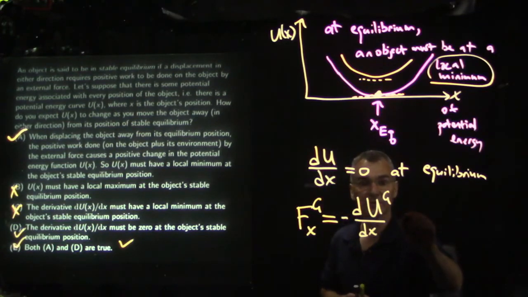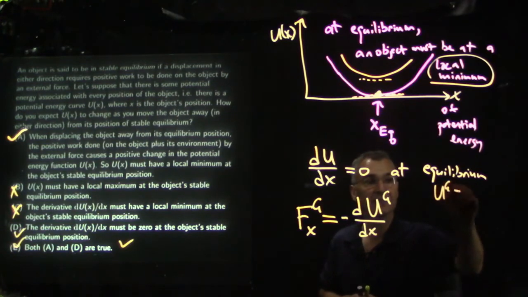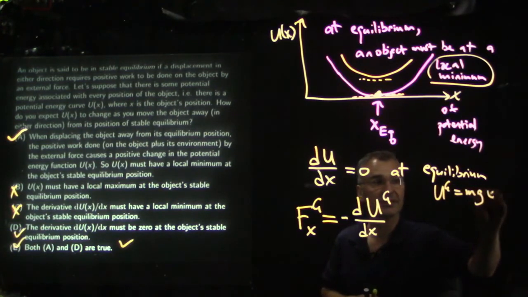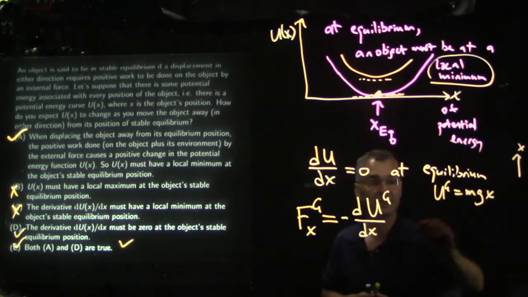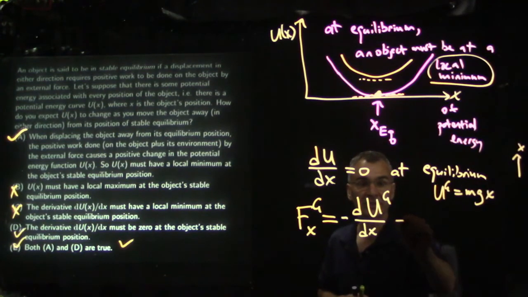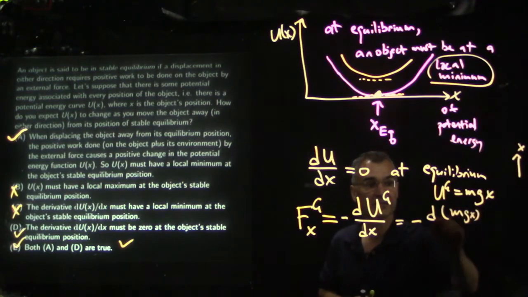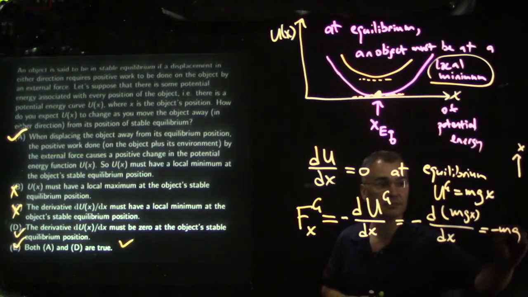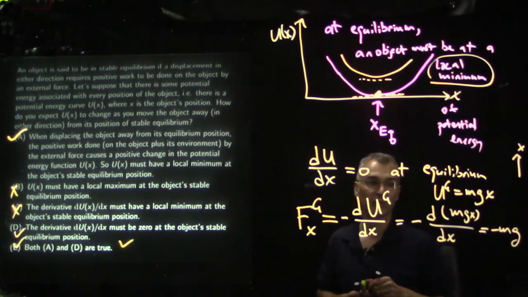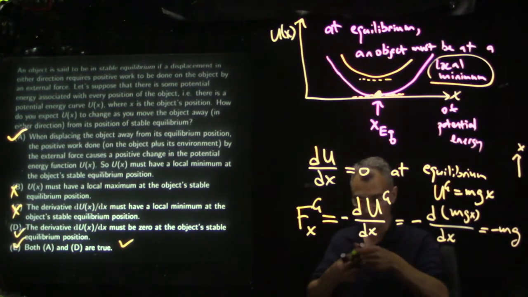So for example, remember how we have u gravity is mgx, if we have the x-axis pointing up, then this would be minus d(mgx) by dx, which is minus mg. Well, that makes sense. The gravitational force in the x direction is minus mg.